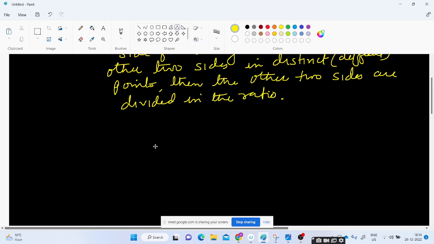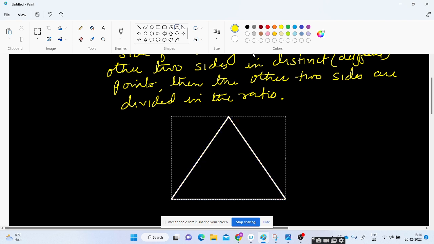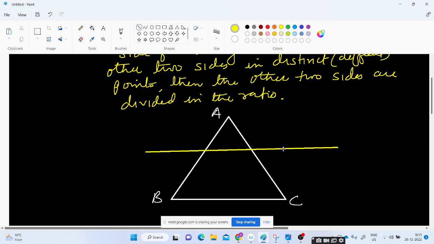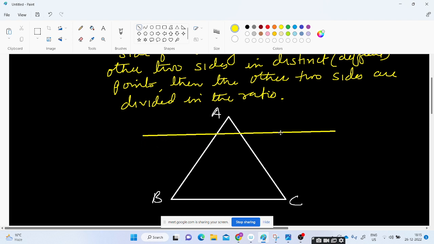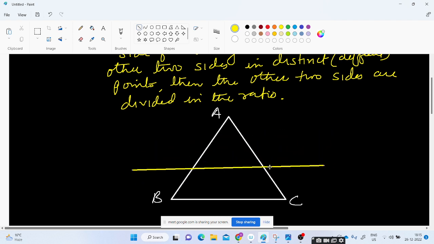First take one triangle. This is your triangle ABC. Now draw one line parallel to BC. This is also parallel, this is also parallel, so you should not have an issue anywhere. This line intersects at these two points.